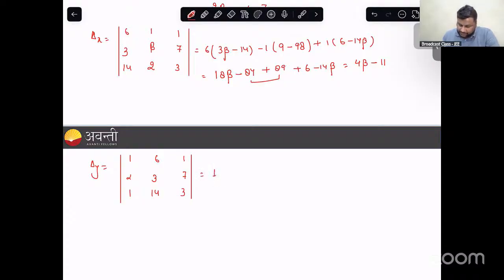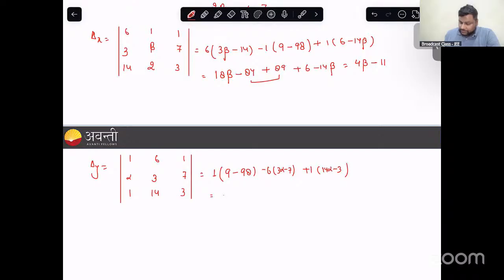So it is 1 times 9 minus 98, minus 6 times 3 alpha minus 7, plus 1 times 14 alpha minus 3.